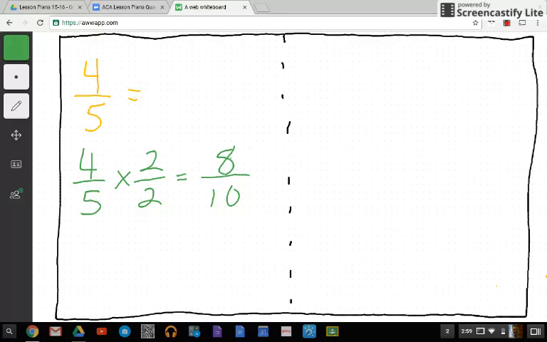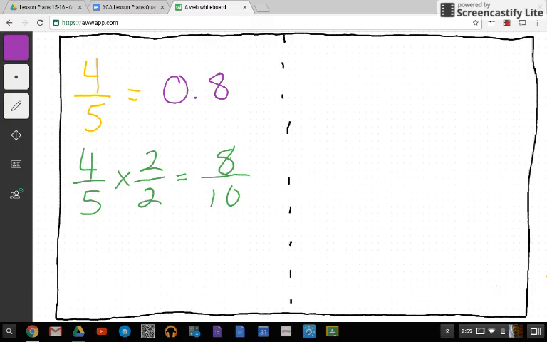Well, if I wrote 8/10 as a decimal, that's pretty simple. There would be no ones and 8 in the tenths place. So there it is. Now, they're not always that simple, but this one happens to be. There are some that I would have to make a denominator of 100, and some I'd have to make a denominator of 1,000.